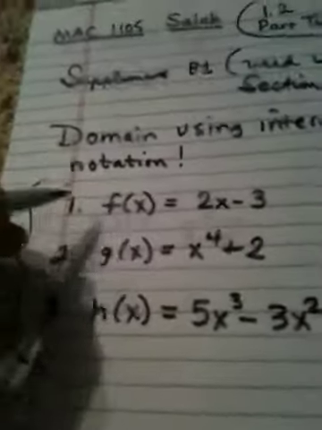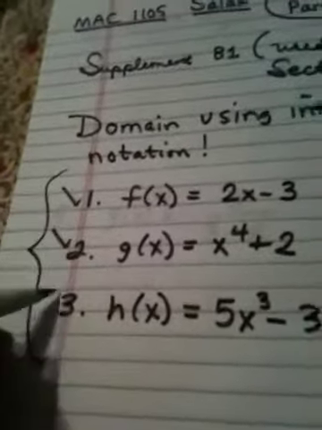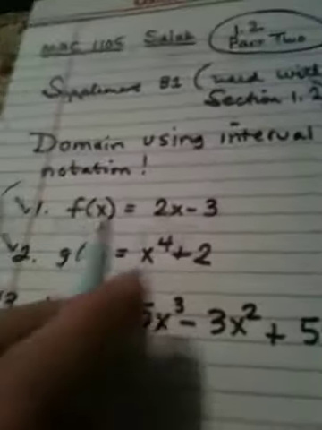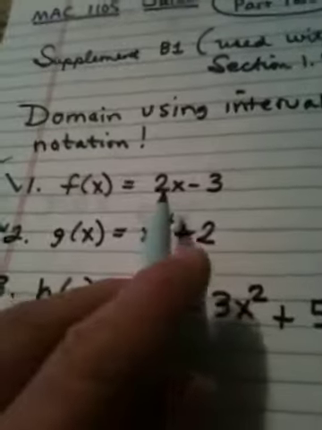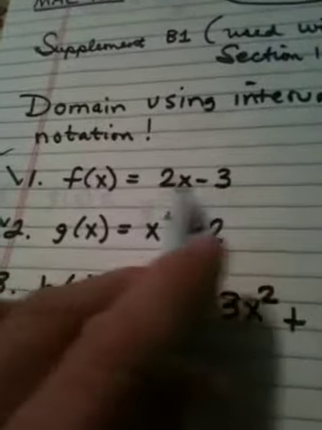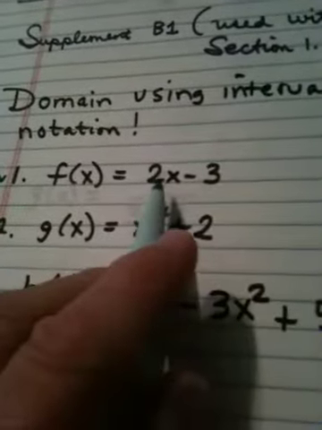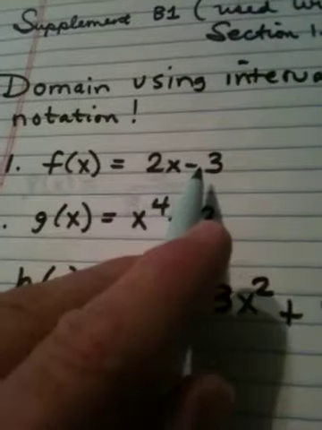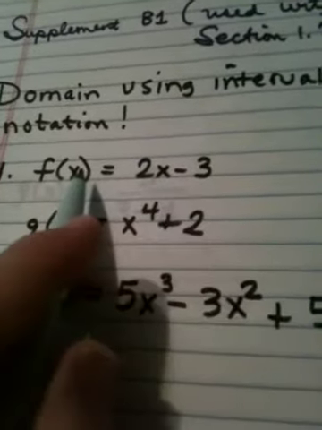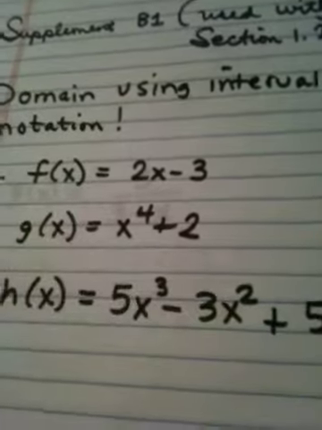The reason that I put problems 1, 2, and 3 together on one video, f of x equals 2x minus 3. 2x minus 3 is called a polynomial. And when you turn it into a function, this in turn is called a polynomial function.